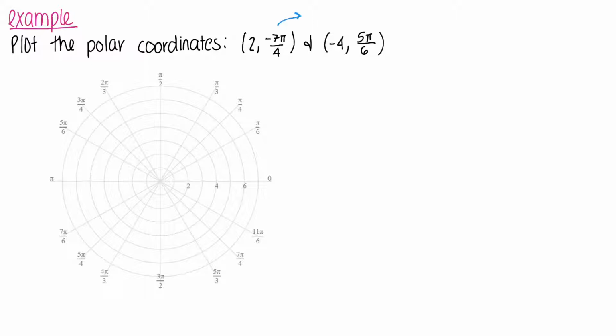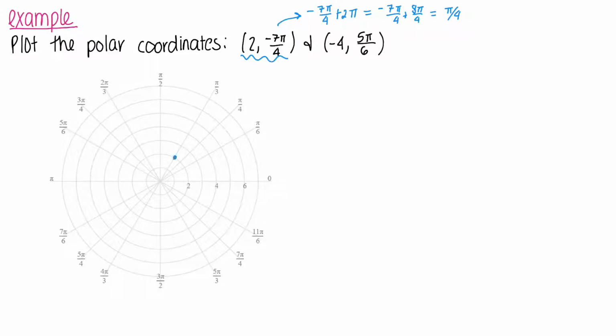If you'd like to do a coterminal angle, I think that might be easier. So you would add 2 pi, which is the same as adding 8 pi over 4, and then you get pi over 4. So negative 7 pi over 4 is the same angle as pi over 4. So I'll be going to pi over 4, and then I want to be going out 2 units.